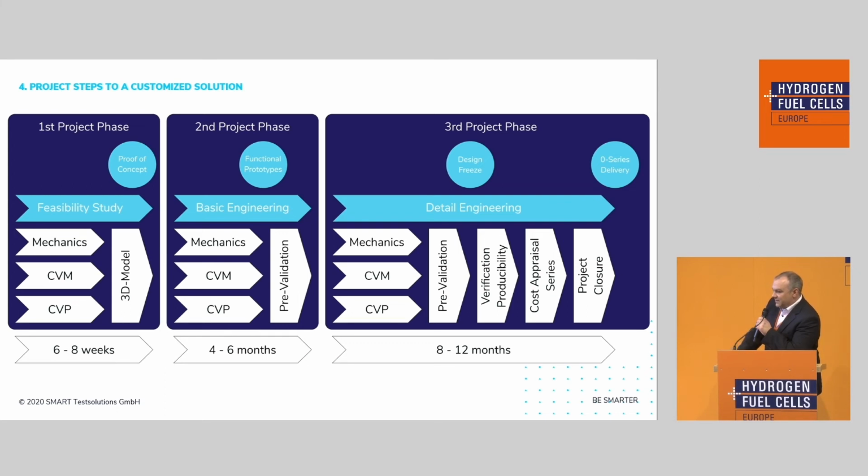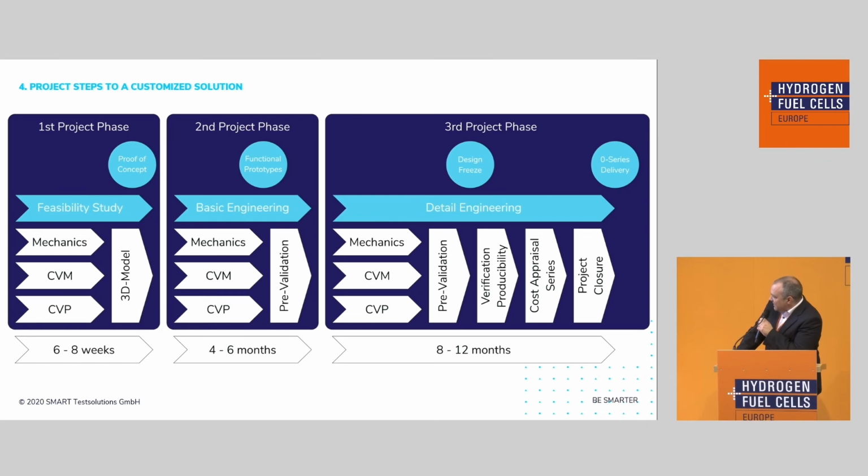Then we have a first concept, and then we go into a first design phase. We call it basic engineering, where we finish the first mechanical components, the CVM, the cell voltage pickups, and we already do here a kind of pre-validation depending on the market.